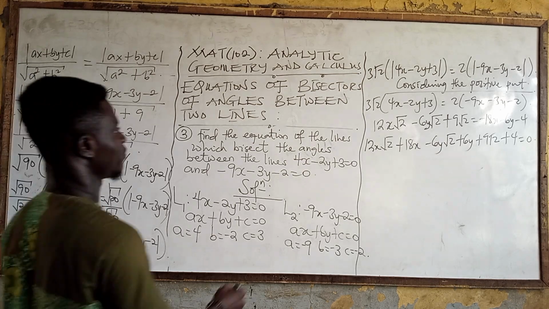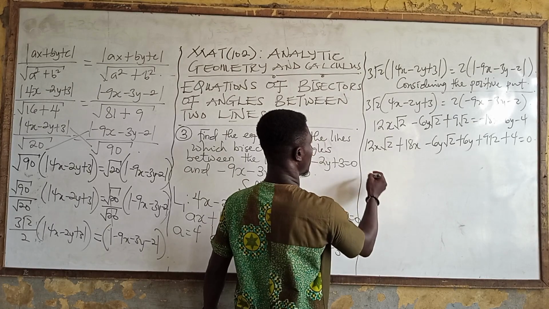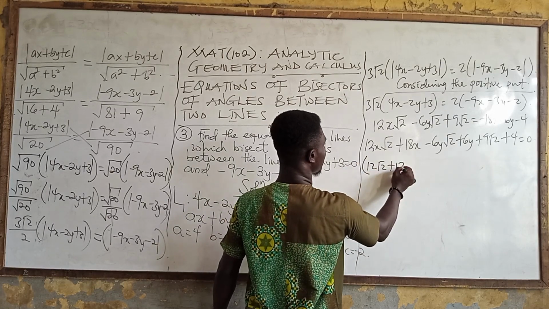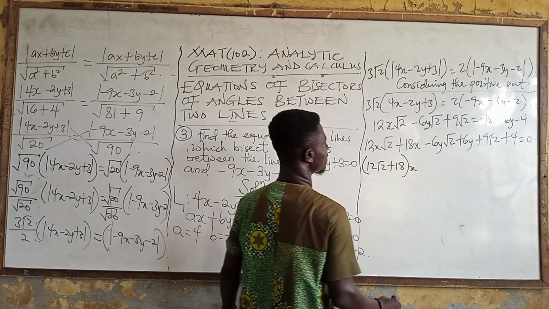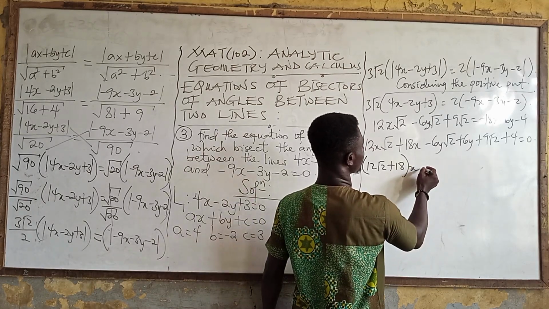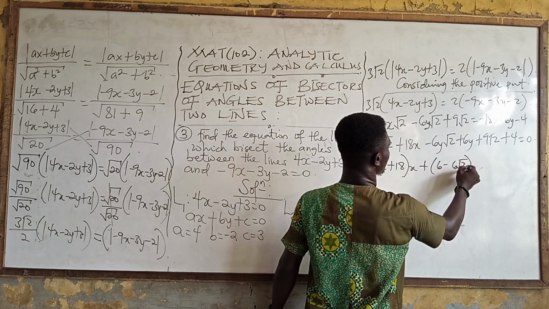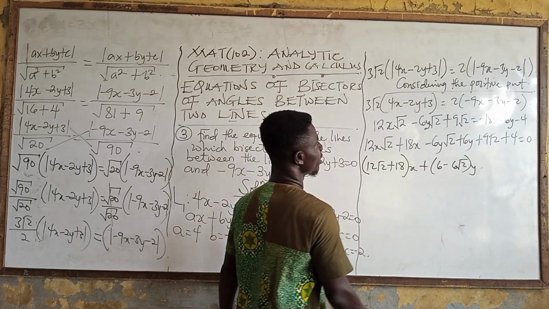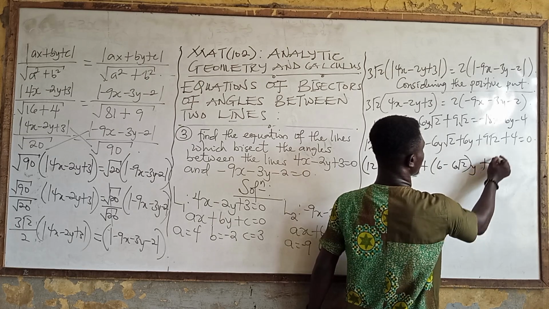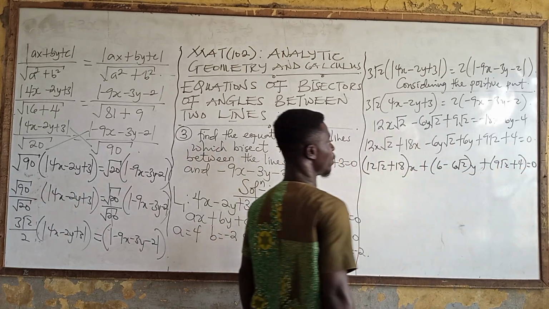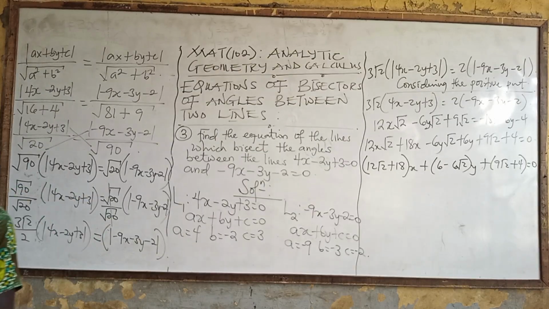So now, let's factor our x out. So we have 12 root 2 plus 18 multiplying x. Then I can get my plus 6 minus 6 root 2, then y. Then plus my 9 root 2 plus 4 equals 0. So we have our first equation of the bisector.